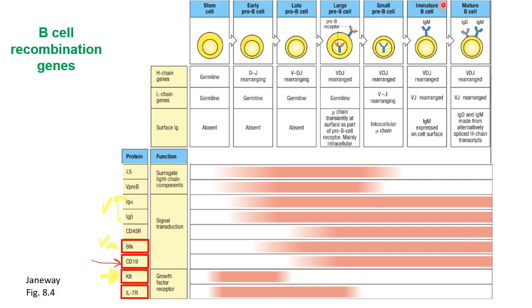Okay? So then what happens here? Once you have your functional IgM on the surface, remember mu is the first one that gets expressed. Once you have it expressed, the cell is actually ready to leave the bone marrow.